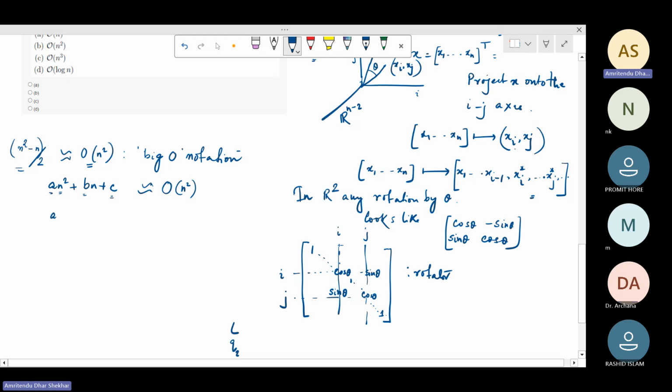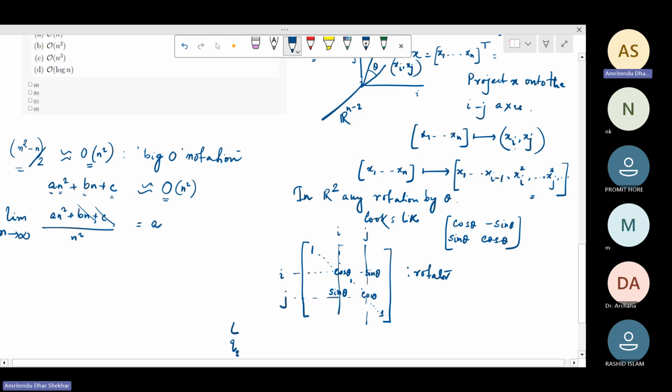So if you write an squared plus bn plus c, and you divide it by n squared, and take the limit n tending to infinity, then both of these will drop off, and you will only get a. So that is the reason why we say the complexity is O(n) squared.